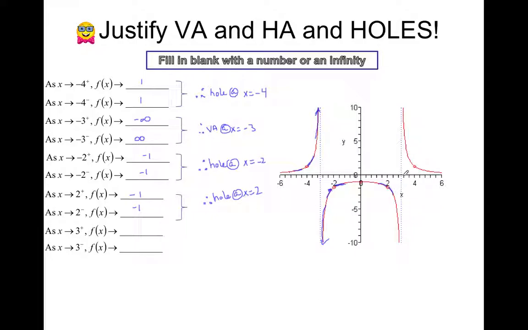As x approaches 3 from the right, swoosh up. As x approaches 3 from the left, swoosh down. From the right up, from the left down. Therefore, there is not a hole because you didn't approach a level. You approached infinity.